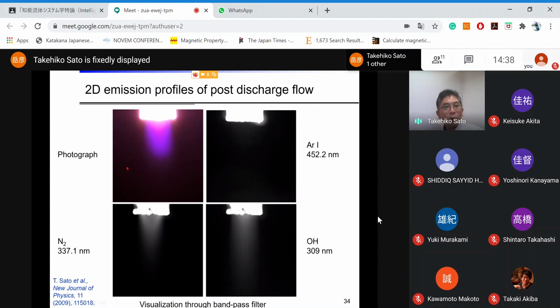This is a photograph of the argon plasma jet. This is a color version, and this is through the filter of 452.2 nanometers. It shows the argon gas, N2 gas and OH. I was surprised that OH still remains in the downstream.